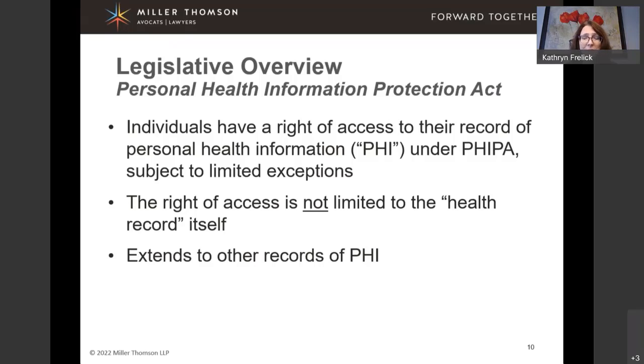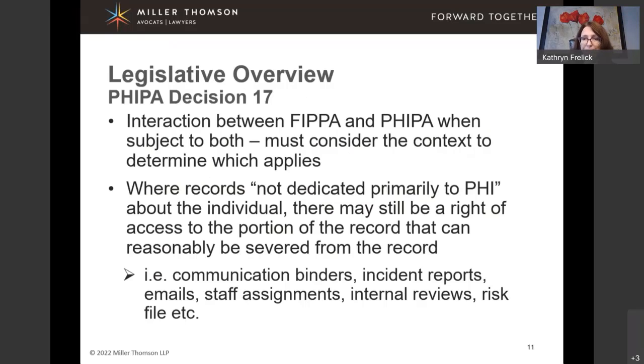PHIPA makes it very clear, and the interpretation of the Information and Privacy Commissioner makes it very clear, that it extends to other records of personal health information.